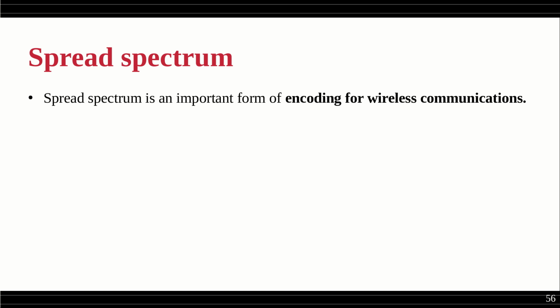And third, multiplexing in wireless communication. We will see, with particular categories of spread spectrum, frequency hopping and direct sequence spread spectrum, how it achieves all of these. But right now you can understand it as an encoding technique for wireless communication.